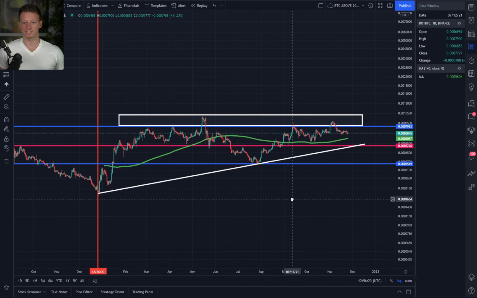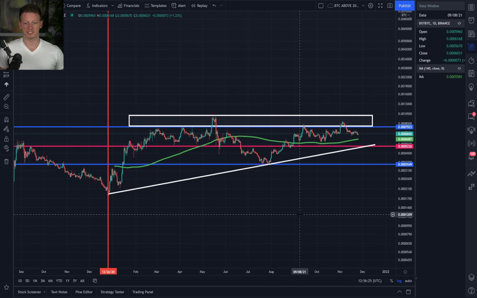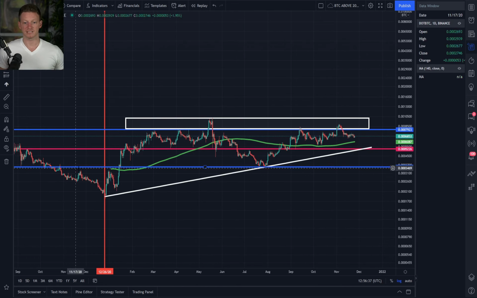So there's a couple of things to note. Our average price with relation to Bitcoin, so our average DOT to BTC price, is 0.0005. All right. We've sort of made this lower support level at around 3. Okay.